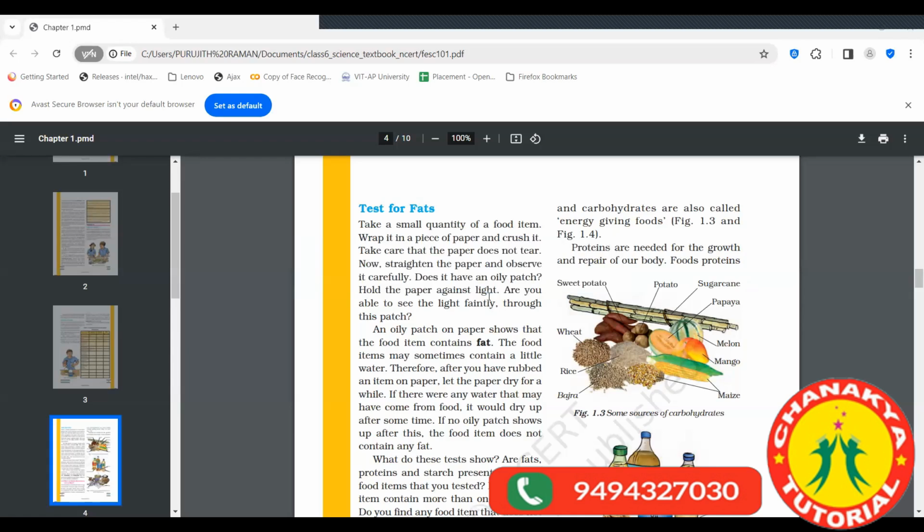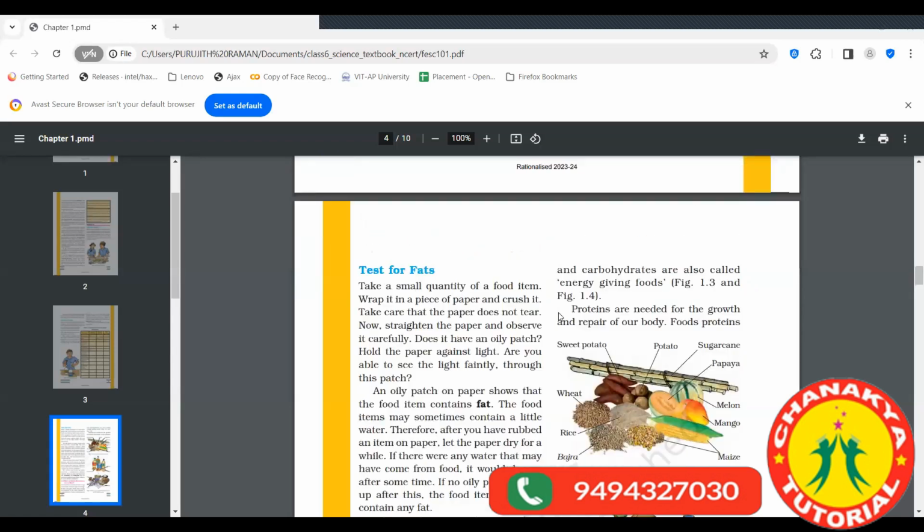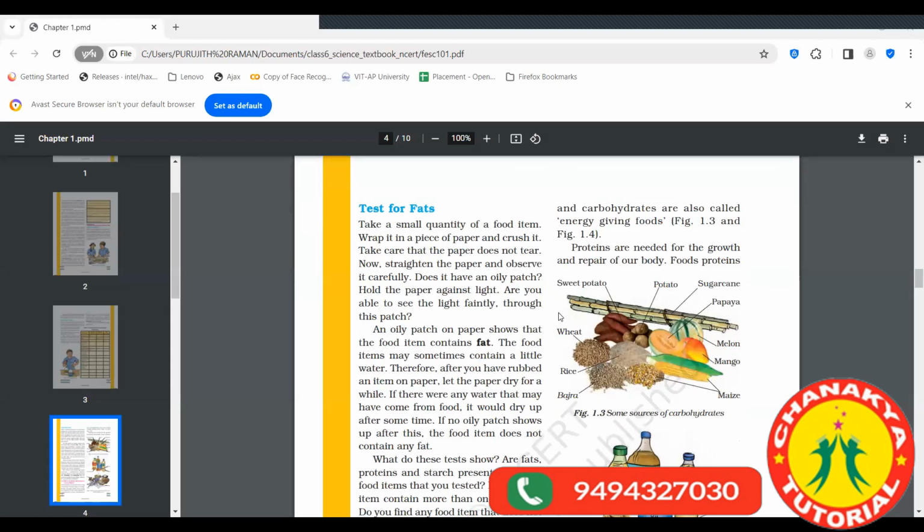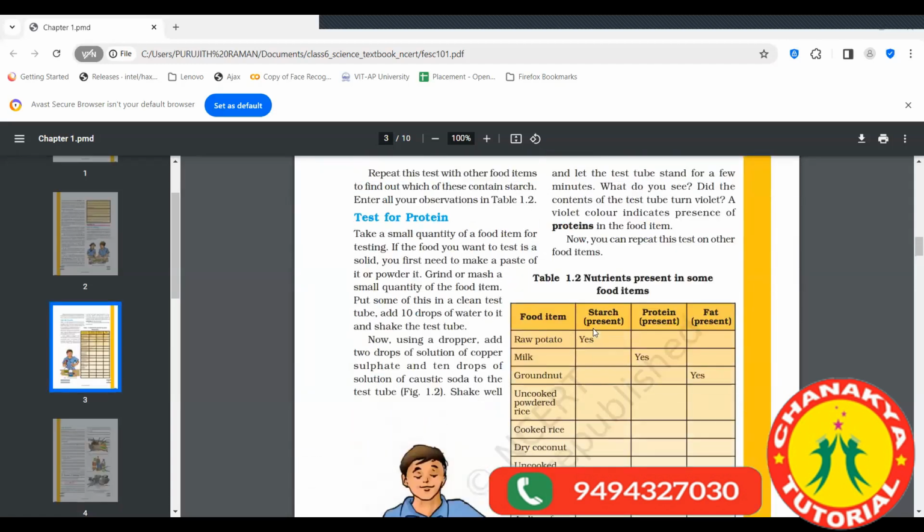Then we should add 10 drops of water. Then add 2 drops of copper sulfate.